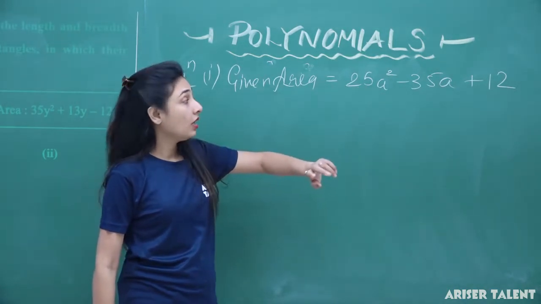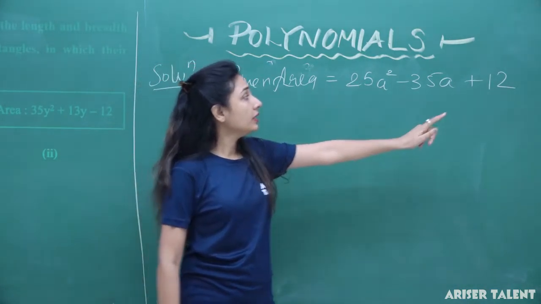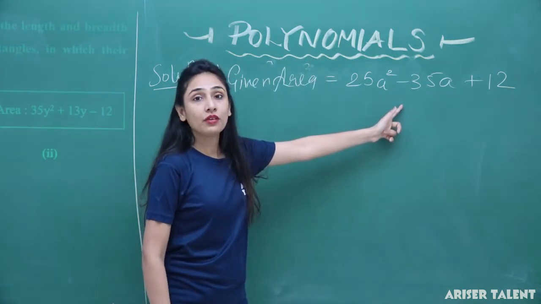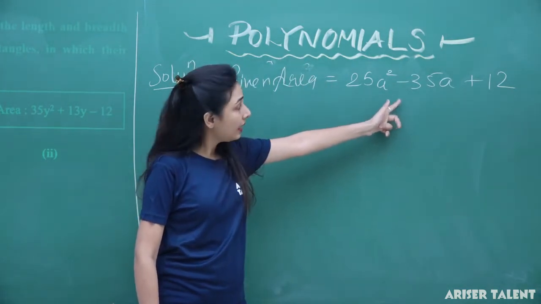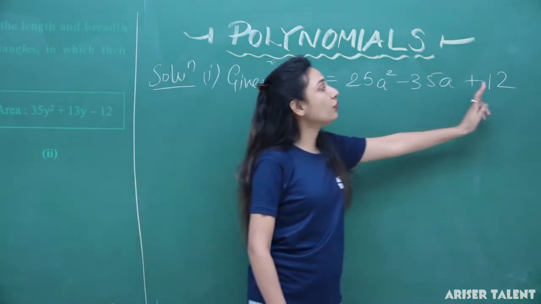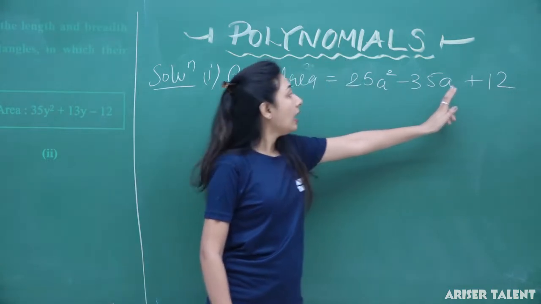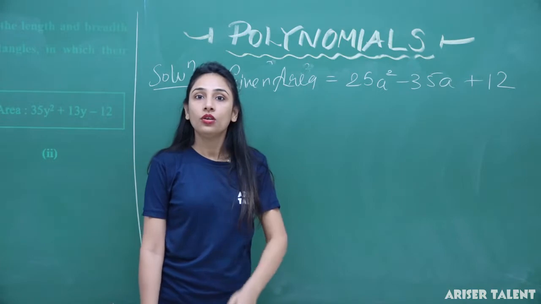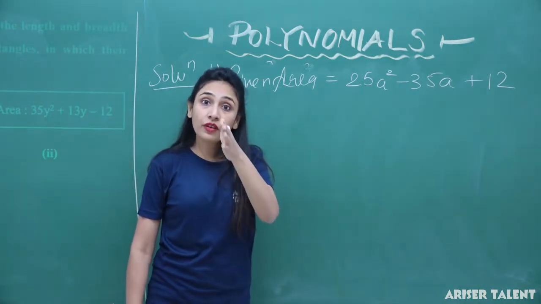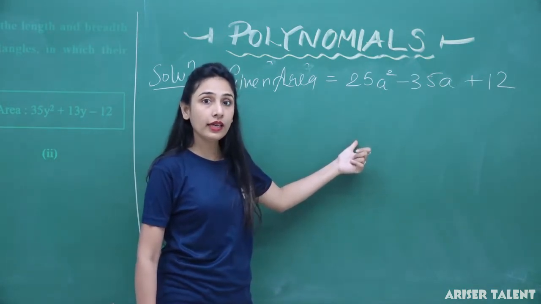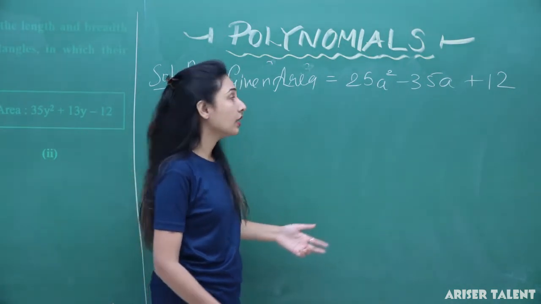Remembering something? This is 25, this is 12, add them, you are getting 37. So factors of A and C give you B on addition. You know, the very first method of factorization was like this only, so you just have to use that one.